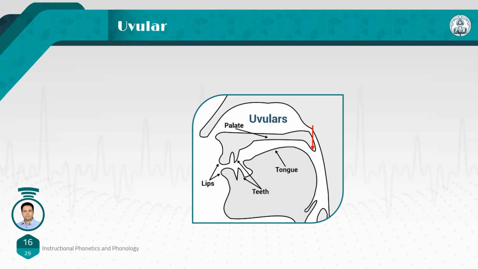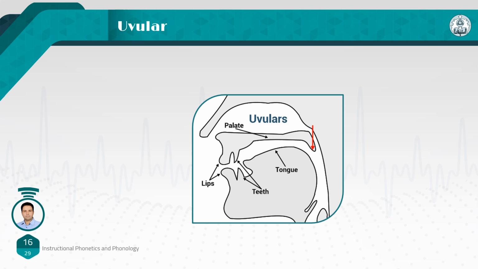In Farsi, we produce a sound like r. If you produce this sound, you can feel a kind of vibration of your uvula. This is why we call it uvular. R is a uvular sound.